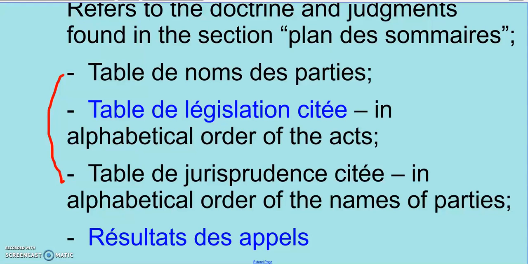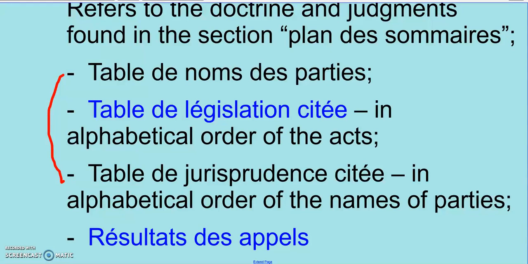So you might have heard of another case, maybe R versus Morgan Taylor. The case about the doctor who's performing abortions. So let's say I have R versus Morgan Taylor, and I want to know if this case was cited in any other case.